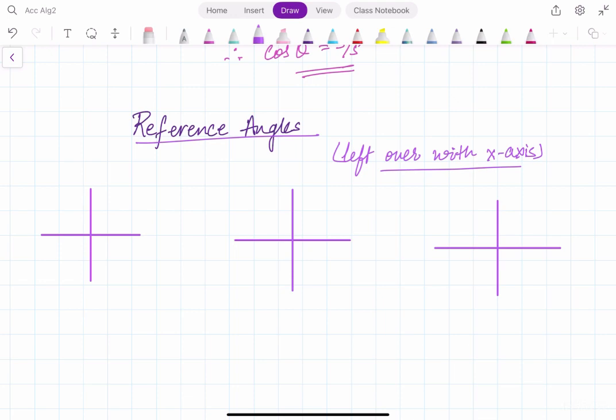So let's take 3 different scenarios to represent 3 different reference angles. In the first one, we have an angle that lands in the second quadrant. So what is left over with the x-axis? This yellow shaded part is left over with the x-axis, and let's call it alpha.